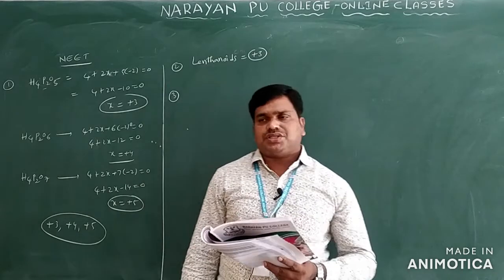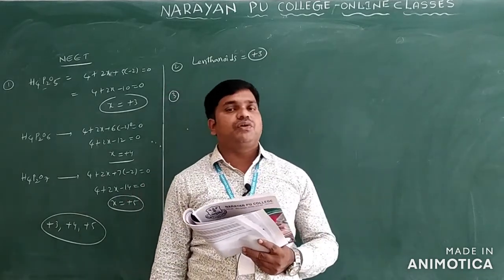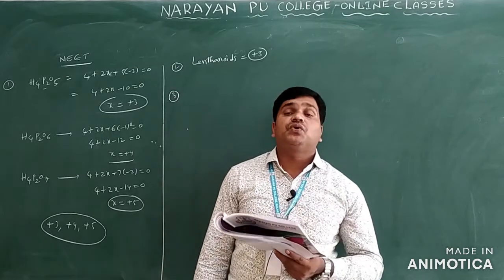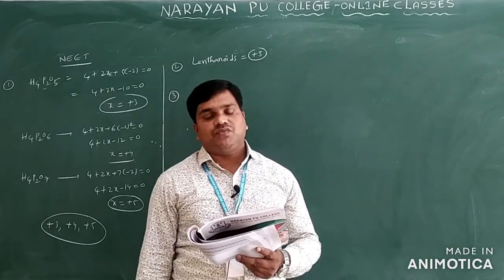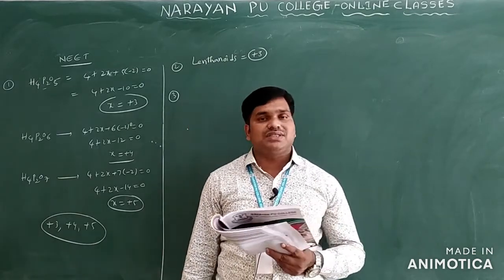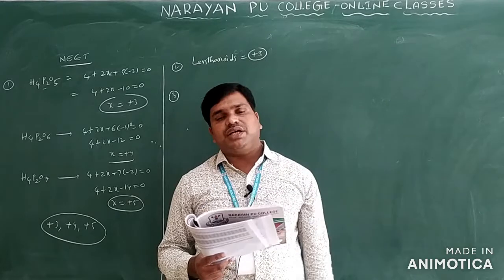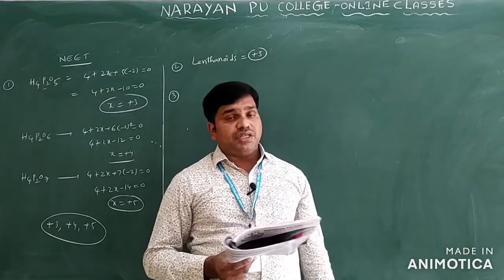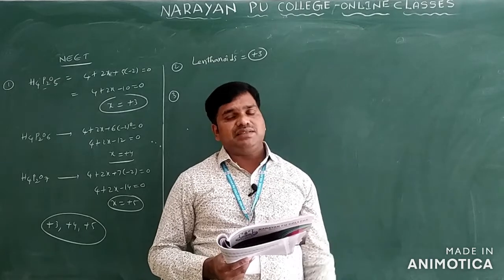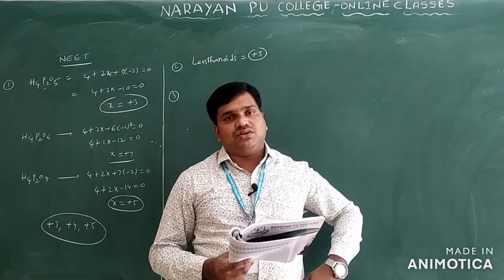Among the halogens, fluorine is the more reactive. You know from the electrochemical series, fluorine acts as the strongest oxidizing agent. That value is positive, plus 2.85. The remaining values are less than this. So fluorine is the strongest oxidizing agent only.